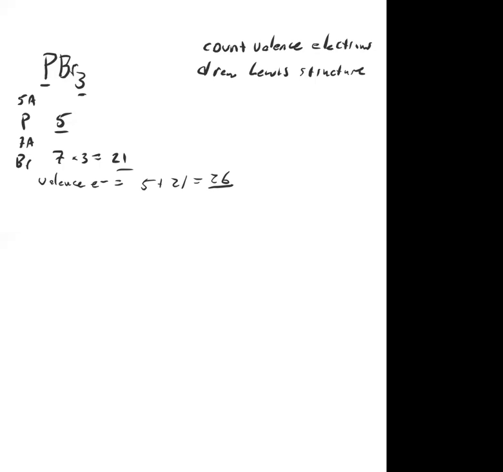Same thing. There's only one phosphorus, so you put it at the center. And then there are 3 bromines, so you draw them as surrounding atoms. This time I'll put one of the bromines on the bottom. It doesn't matter where you distribute them. But again, think of it sort of like a square. You have your central atom, and one is coming up like this.